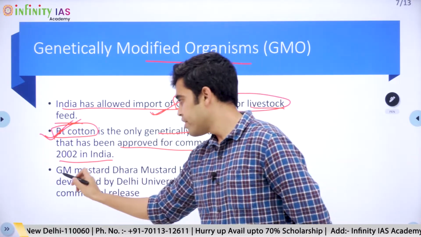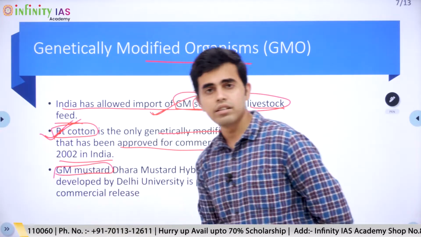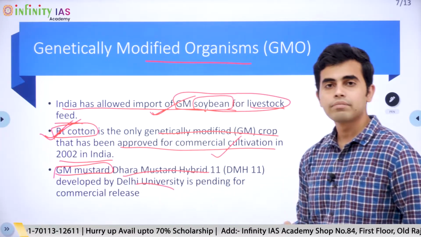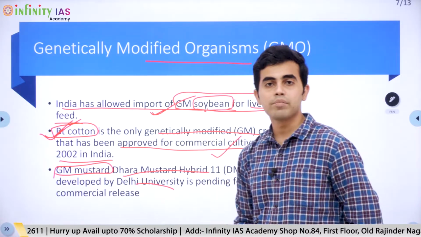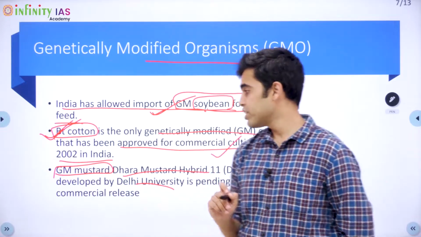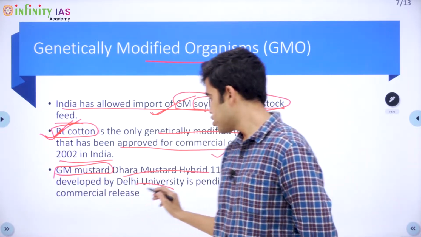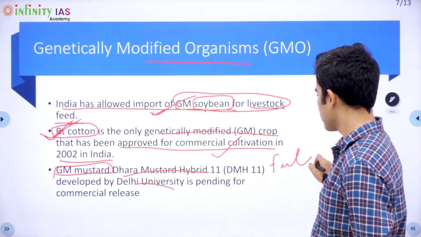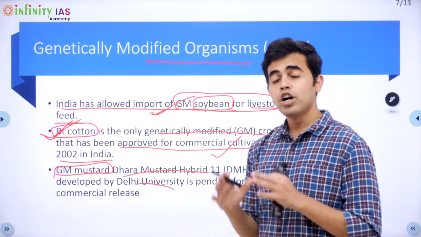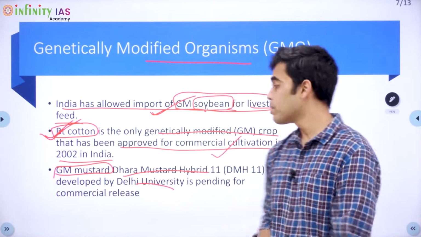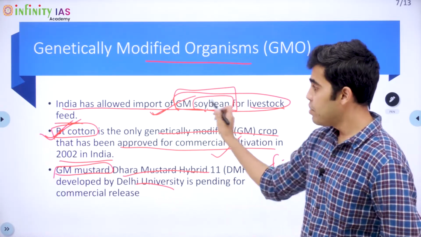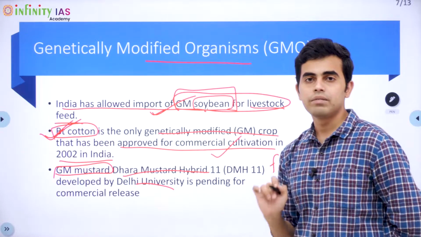For example, we have genetically modified mustard that was developed by Delhi University. So it was indigenously developed, but it is still not given approval for commercial cultivation because this needs more field trials and there should be enough data to ensure safety of the human beings. So if we see how important this GM soybean being allowed to be imported into India.